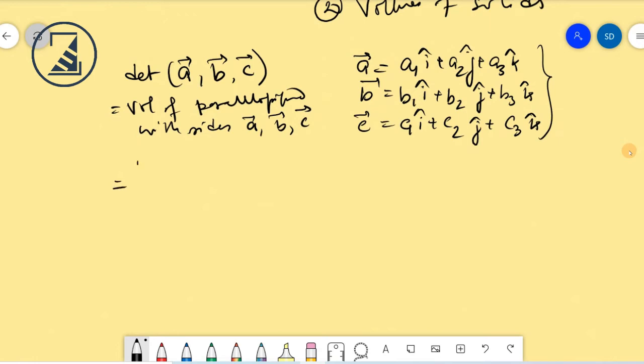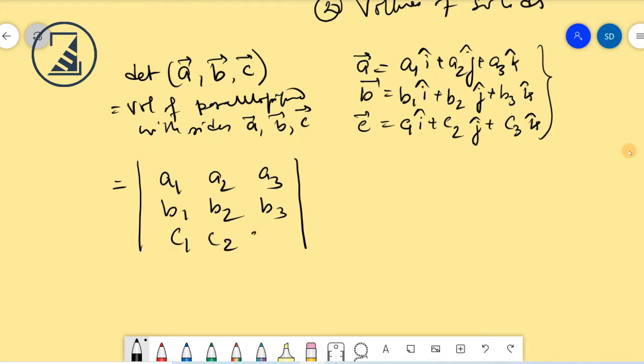Let's write this determinant explicitly. So this is A1, A2, A3, B1, B2, B3, C1, C2, C3. Okay. So this determinant is nothing but the volume of the parallelepiped with sides A, B and C. Now, how do I know that?